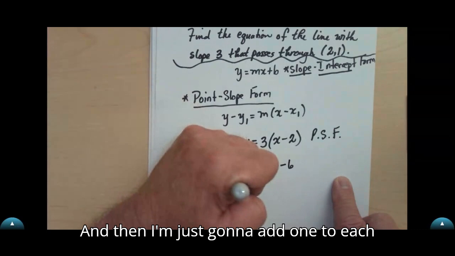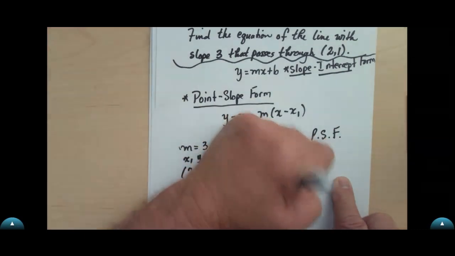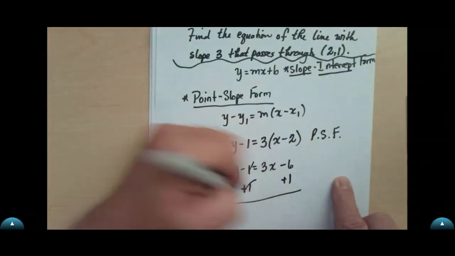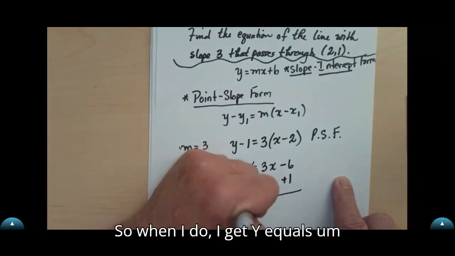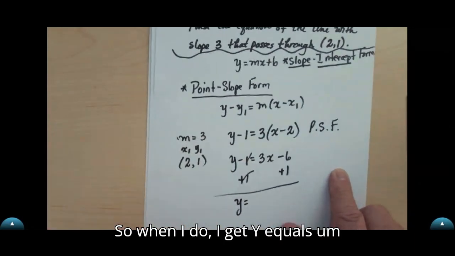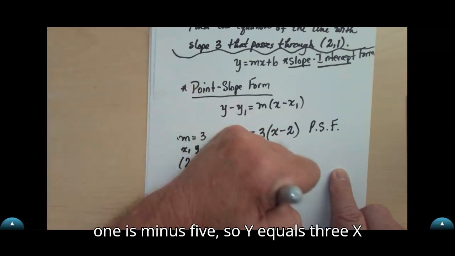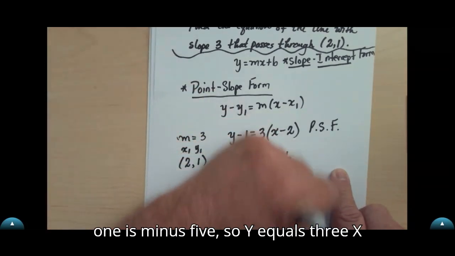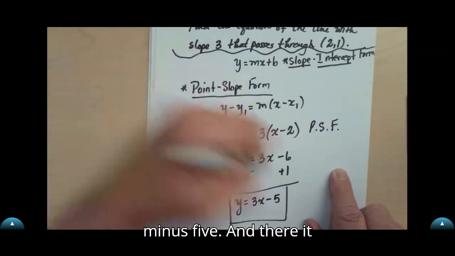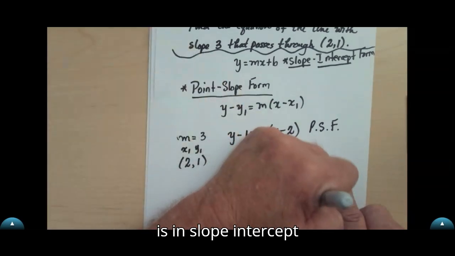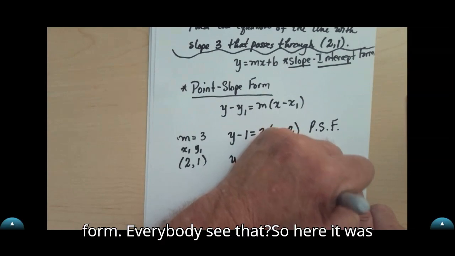And then I'm just going to add 1 to each side. So when I do, I get y equals 3x. -6 plus 1 is -5. So y equals 3x minus 5. And there it is in slope intercept form.